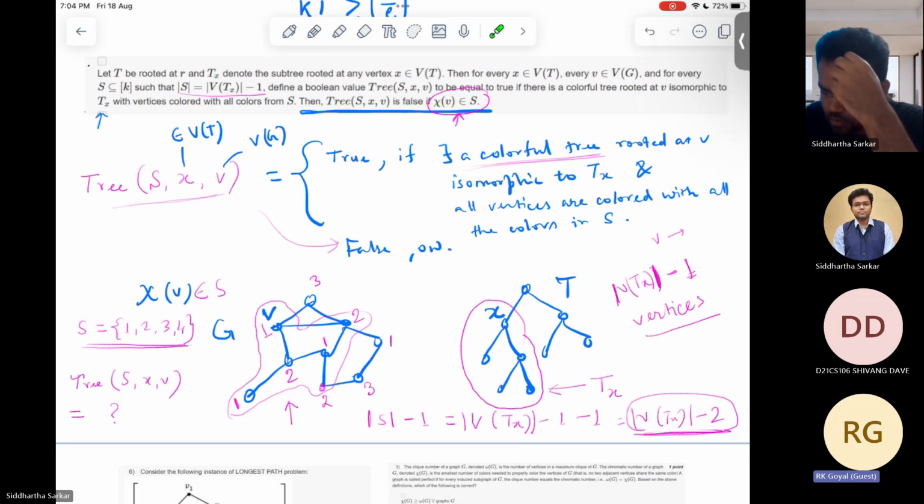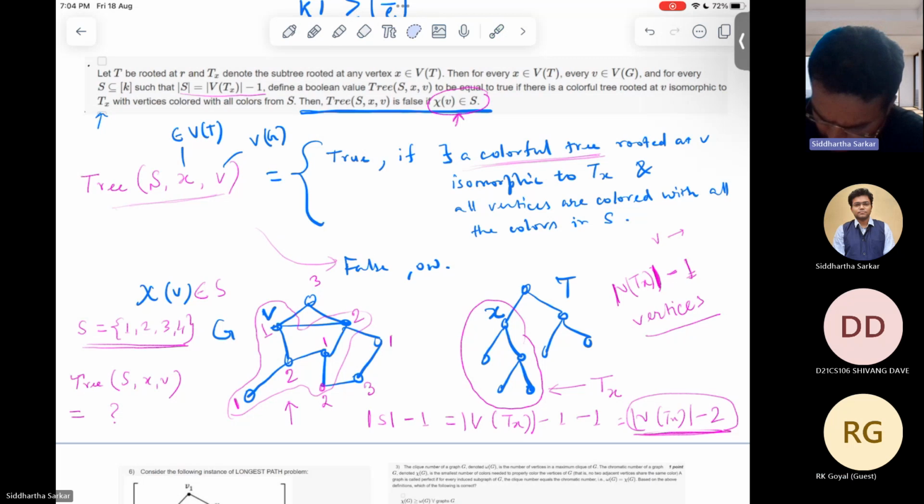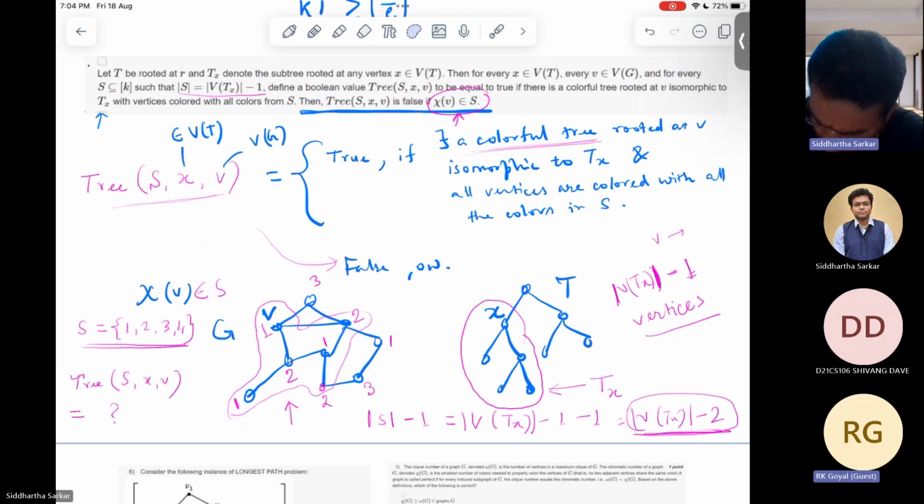But then some condition is given here, that chi of V is an element of S. This one is separate. So this entire thing is corresponding to the true case.